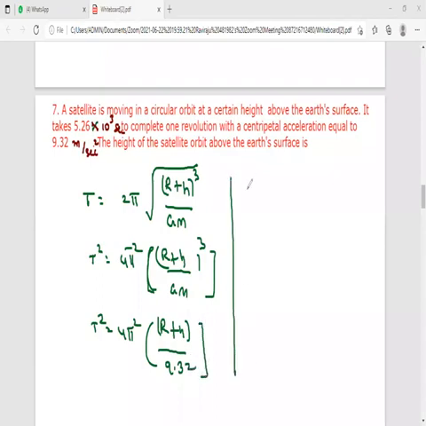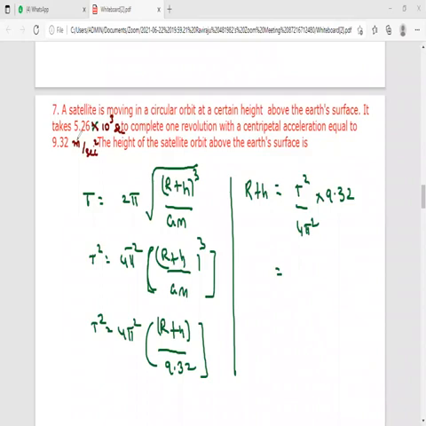Now you have to calculate R plus h only. So R plus h equal to t square by 4 pi square into 9.3, and t value is already given, 5.26 into 10 cube.